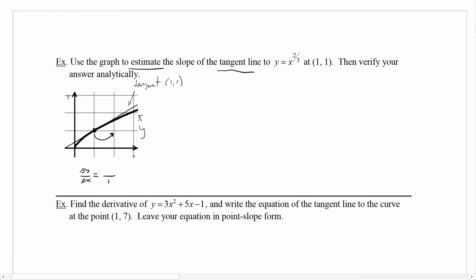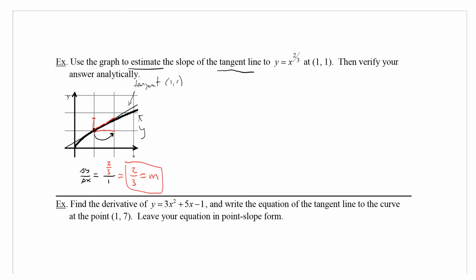Since we know that the run was 1, I'm going to estimate the rise. The rise looks to be about 2/3 of the way from a whole square. So I'm going to say it's 2/3 rise over 1 run, which just means that the slope is 2/3. This is my estimation of the slope. I'm going to box that to keep it as a reference, and see if my estimation is correct.